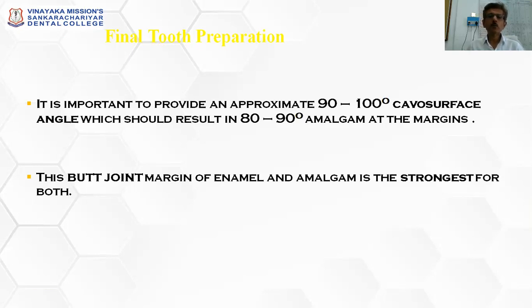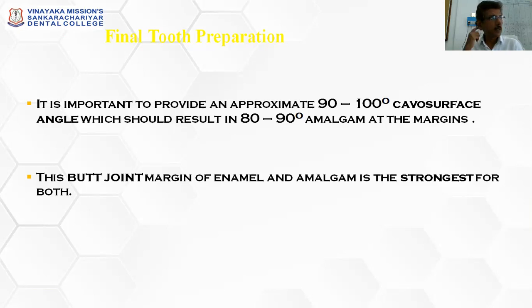It is important to provide an approximate 90 to 100 degree cavosurface angle. That is an angle which will result in 80 to 90 degrees of the amalgam. It is 90 degrees for the tooth structure, whereas for the restoration it is around 80 degrees. This is very important.